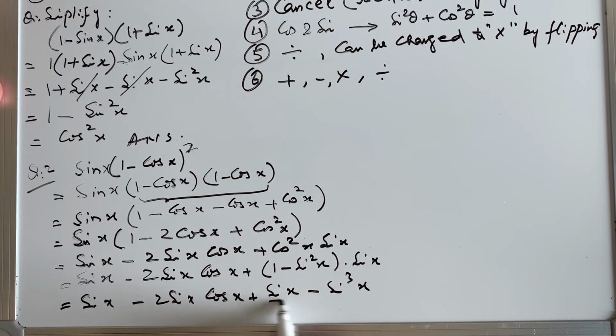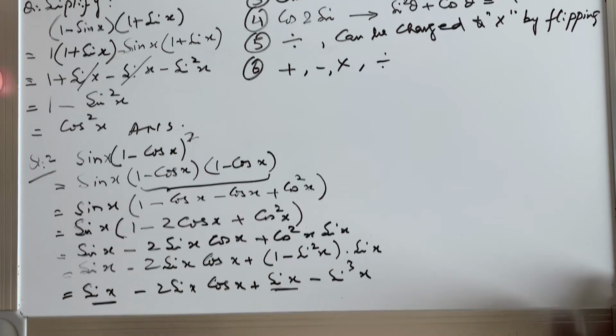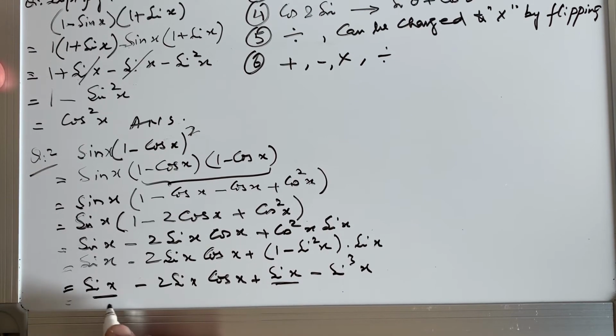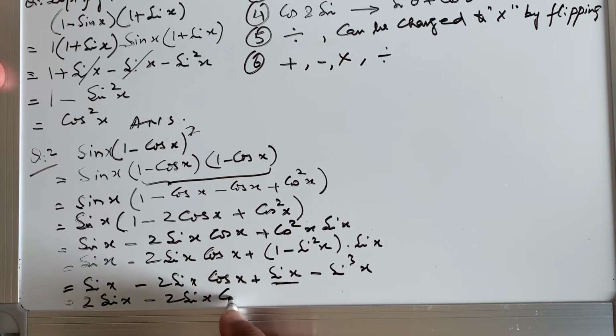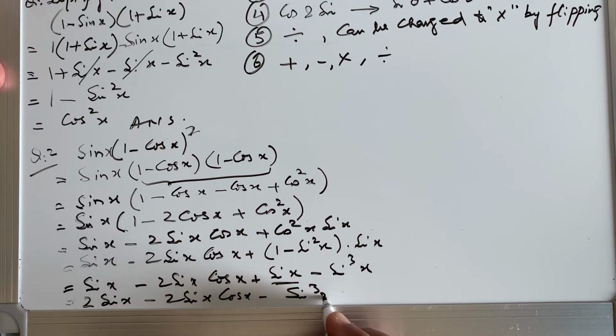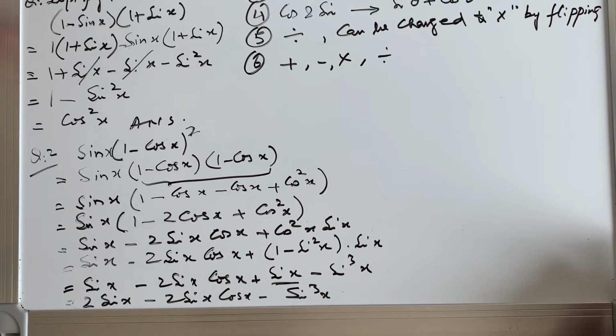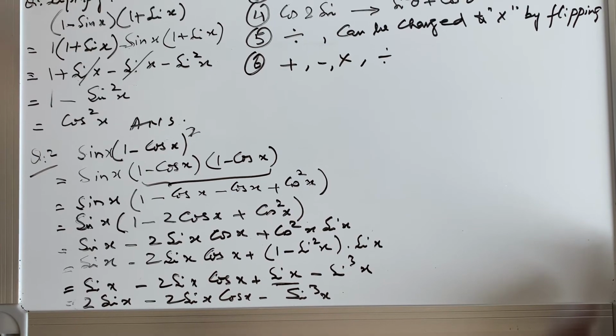Now you can add these two because they are similar, and that will be your final, where you can leave the equation. So you will say 2 sin x minus 2 sin x cos x minus sin cube x.